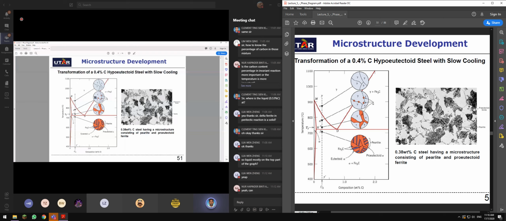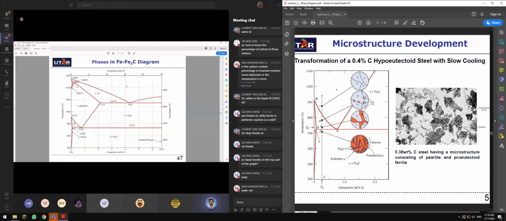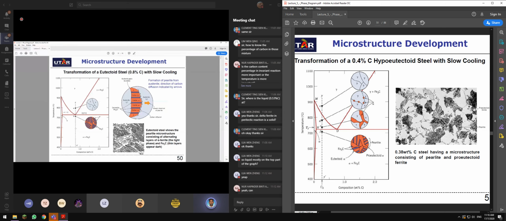Bear in mind, I don't have the formation of cementite, because if you look at this region, here is cementite, right? This is austenite. This is austenite plus ferrite. So we are here, austenite and ferrite.